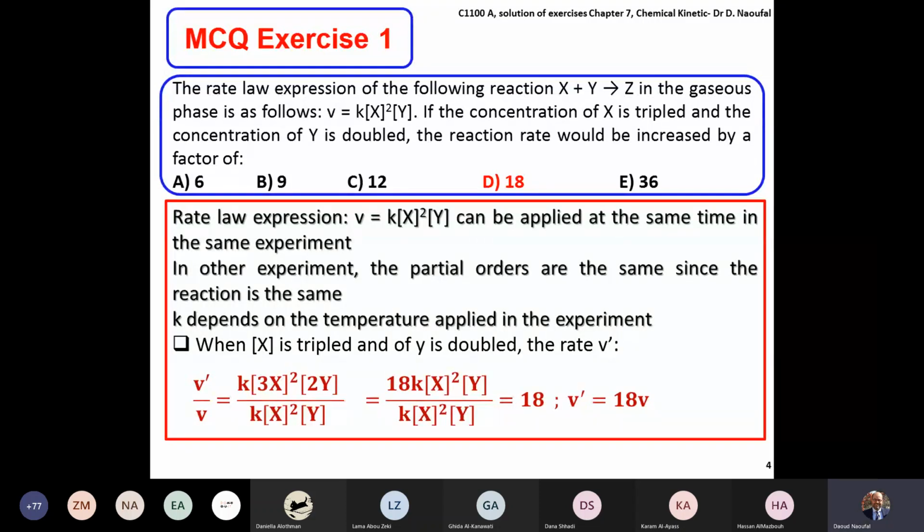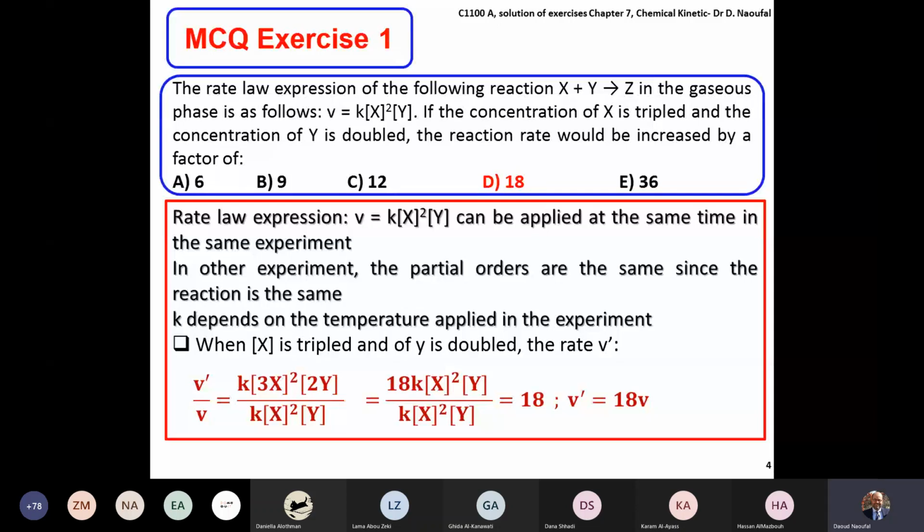Then I start the two reactions at the same time. I can compare these two reactions only at t equals 0, because the rate of reaction 1 decreases with time and the rate of reaction 2 decreases with time, but these two rates are not equal.